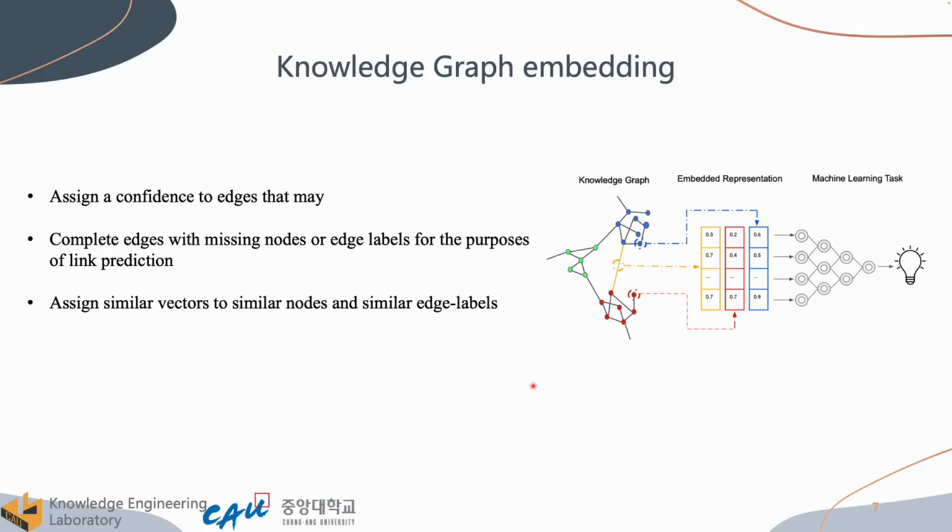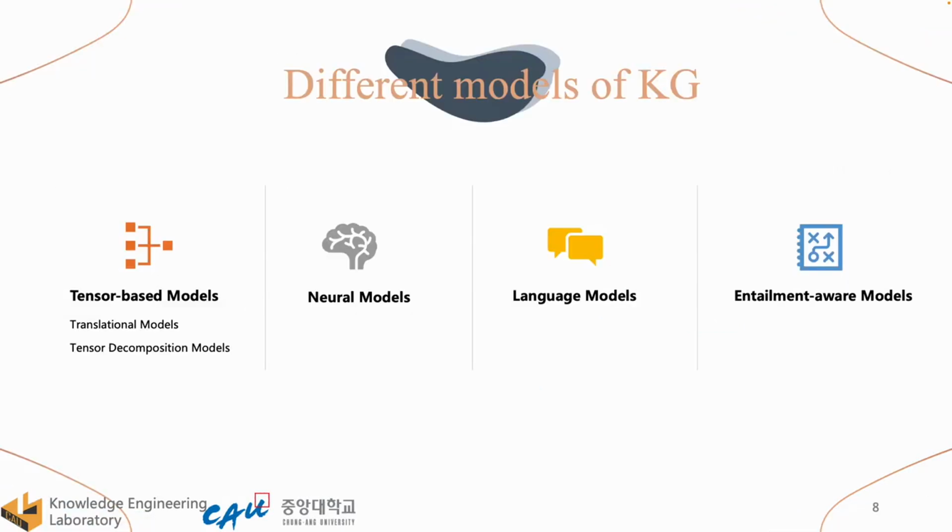And thirdly, embedding models will typically assign a similar vector to similar nodes and similar edge labels, and thus they can be used as the basis of similarity measures, which may be useful for finding duplicate nodes that refer to the same entity or for the purpose of providing recommendations.